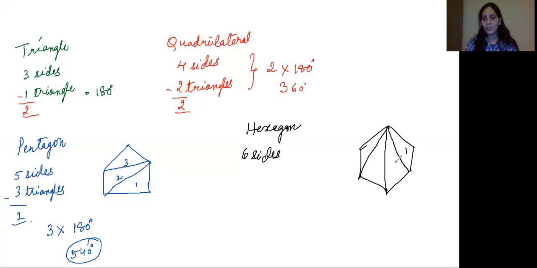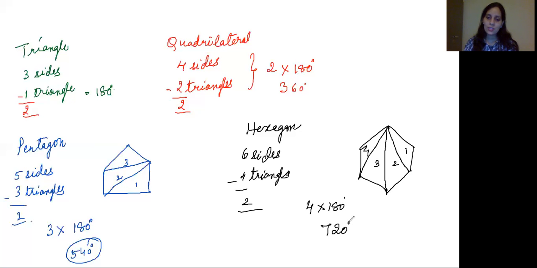So we have 1, 2, 3, 4, 4 triangles. So here also you can see the difference is 2. And what is the angle sum property? 4 into 180, which gives us 720 degrees.